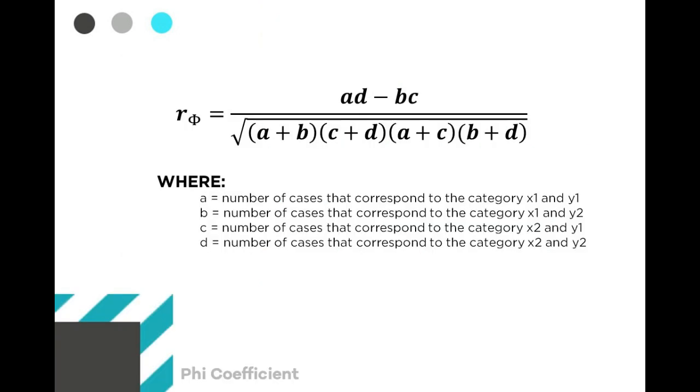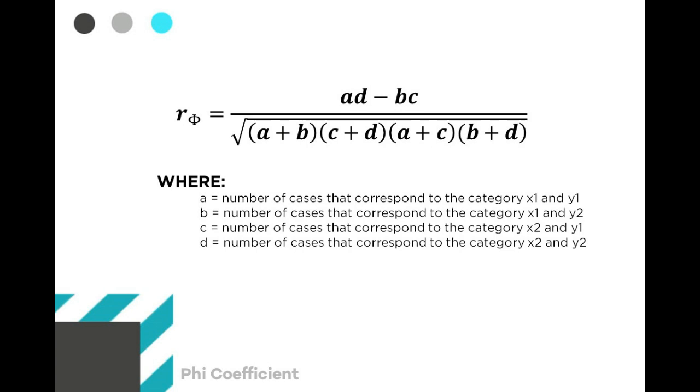So we can use the formula r sub phi, which is equal to A times D minus B times C over the square root of the quantity A plus B multiplied by the quantity C plus D times the quantity A plus C times the quantity B plus D, where A is the number of cases that corresponds to the category of X sub 1 and Y sub 1, B the number of cases that corresponds to the category X sub 1 and Y sub 2, C is the number of cases that corresponds to the category of X sub 2 and Y sub 1, and D is the number of cases that corresponds to the category X sub 2 and Y sub 2.